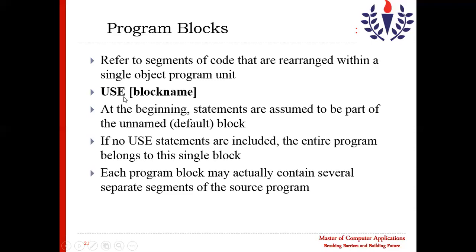USE is an assembler directive that is used to define a block. So at the beginning, statements are assumed to be part of an unnamed block, means till we are not using any use statement, whatever code is written in your program is part of the unnamed block if no use statements are included.